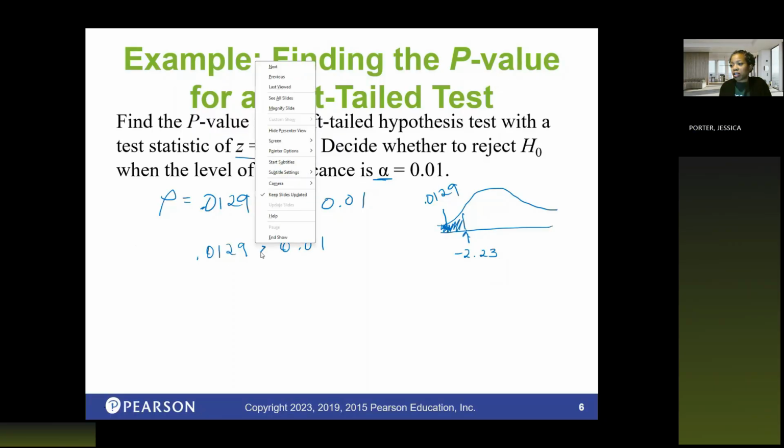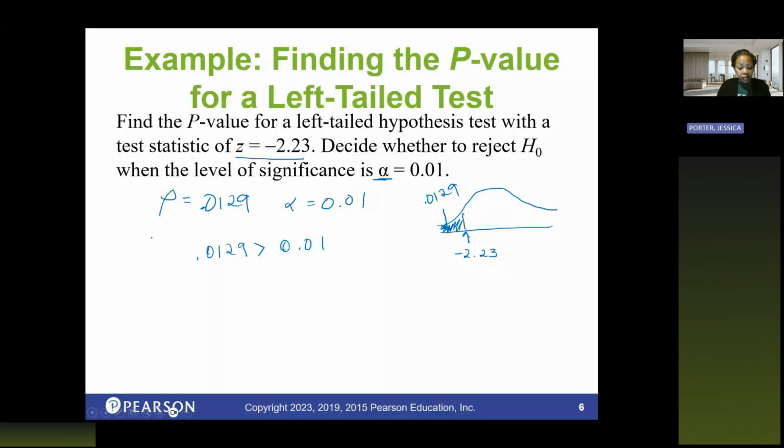So I will reject or fail to reject the null hypothesis. Pull out your handy dandy screenshot. Right, in this case, we will fail to reject, because the p-value is greater than the significance level.